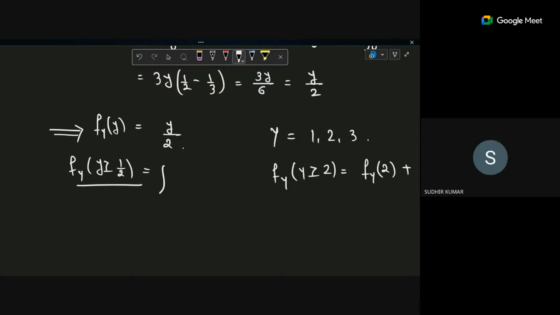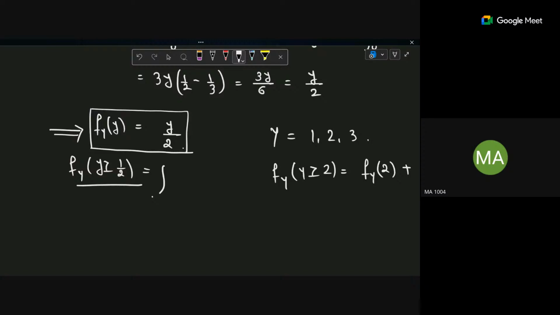1 by 2 to... this is y or x? It will be x. This is x? Are you sure? Yes. You have already calculated the marginal PDF by varying x. So now there is no need to keep the limits of x. That's why I'm asking you precisely what you are integrating and over which variable.